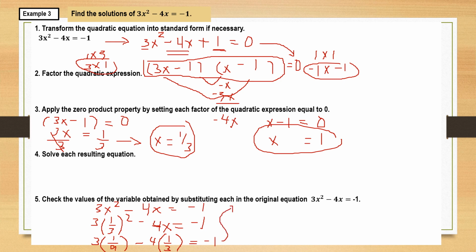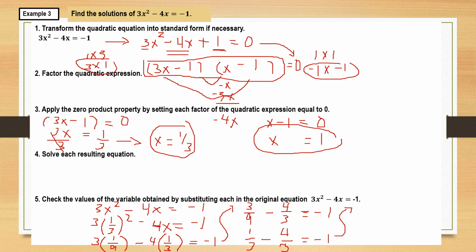And then we have 3 times 1/9 is equal to 3/9, minus 4 times 1/3 is equal to 4/3, is equal to negative 1. Let us simplify 3/9. 3/9 in simplest form is 1/3. 1/3 minus 4/3 is equal to negative 1.